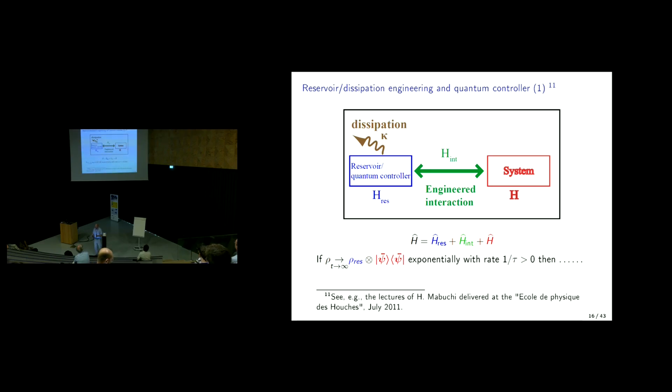You have a density operator for your controller, and you have some projector. Typically, if you want to prepare some state inside your system and stabilize it, you want any rho in the tensor product to converge to something on the system, tensor something on the controller.